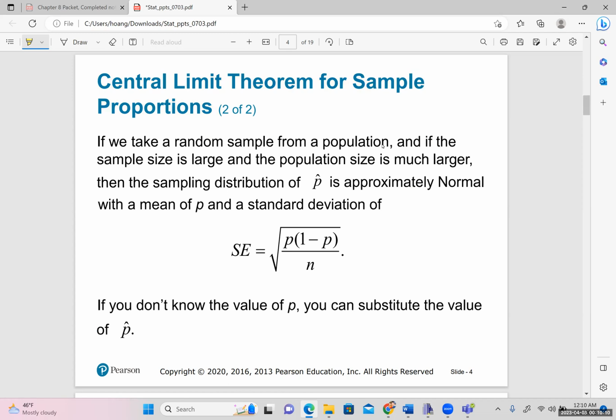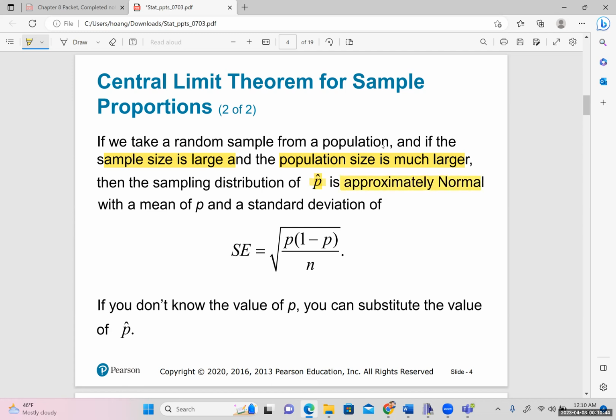And if we take a random sample from a population, and if the sample size is large and the population size is much larger, then the sampling distribution of the sample proportions is approximately normal.